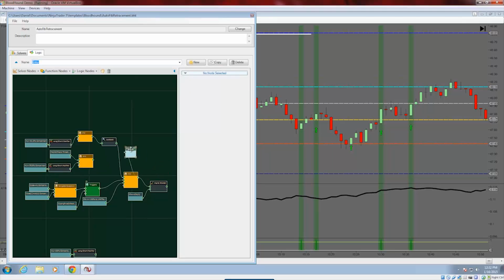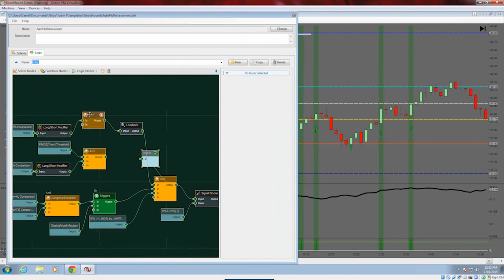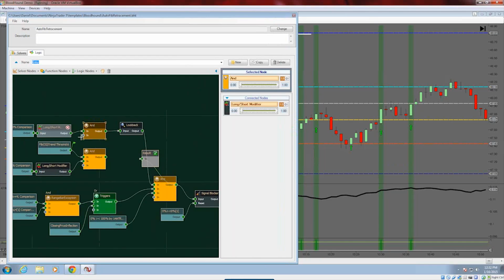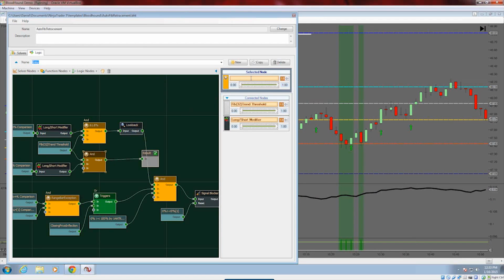Okay, so now out of both of these, the one on the top, we're showing the bars that are touching the 61.8 with the trend, and then the one on the bottom, we're showing the 78.6. So I'll name this 61.8, and then 78.6.